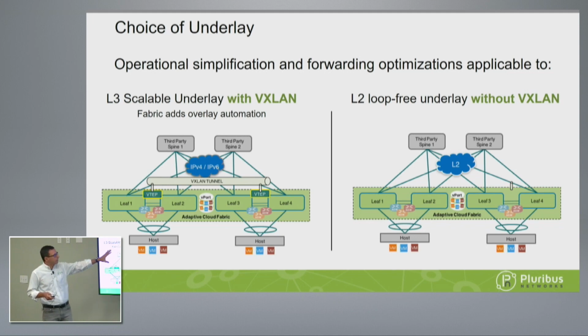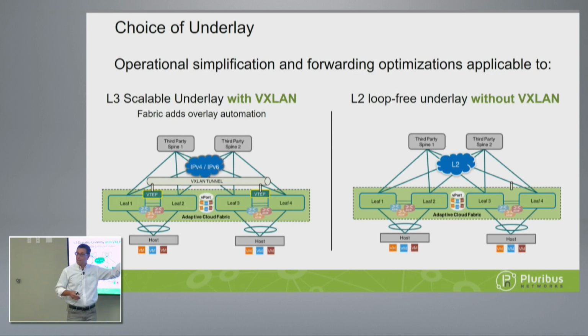Oh, by the way, this is a quick slide. VXLAN is important to us. It is maybe the way we would recommend you to build the network because you want to have layer 3 as the underlay, to build scalable networks. It makes total sense. But boy, we found so many customers with 8 racks, 10 racks, 12 racks, which says, why do I need to go to BGP or OSPF and VXLAN?